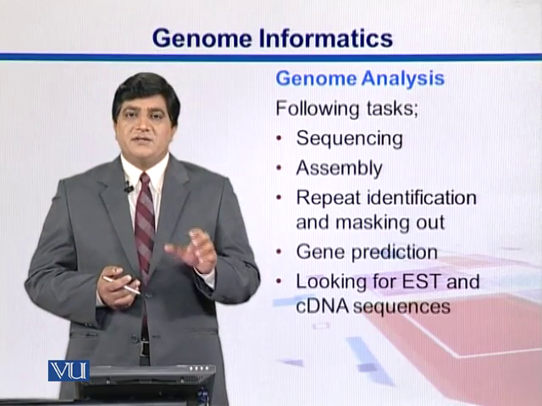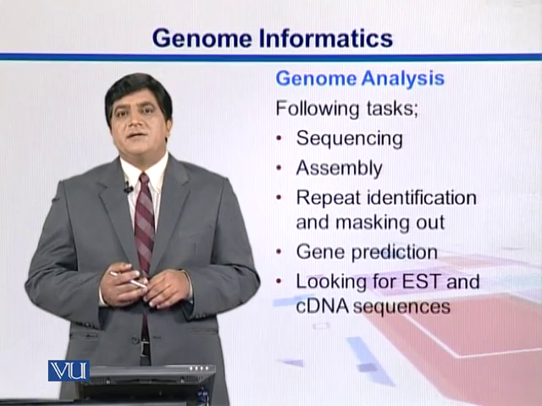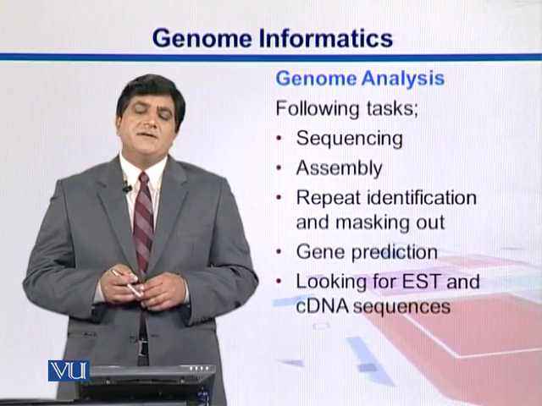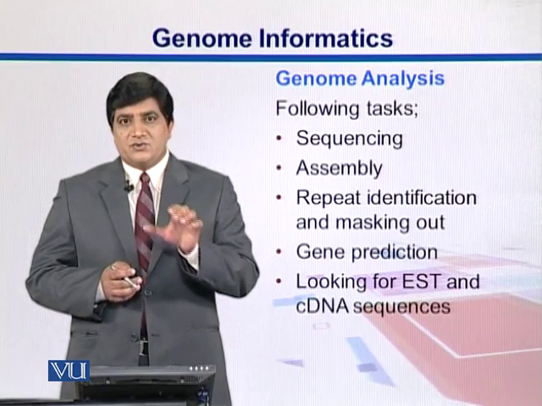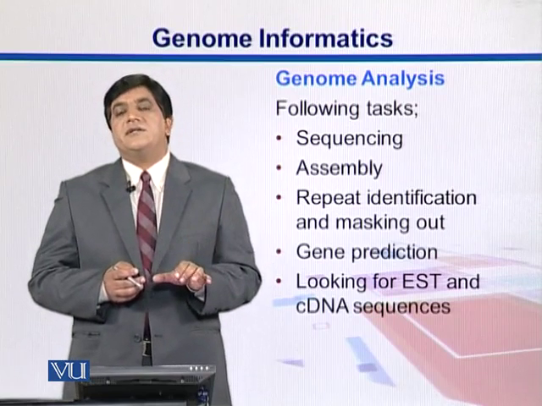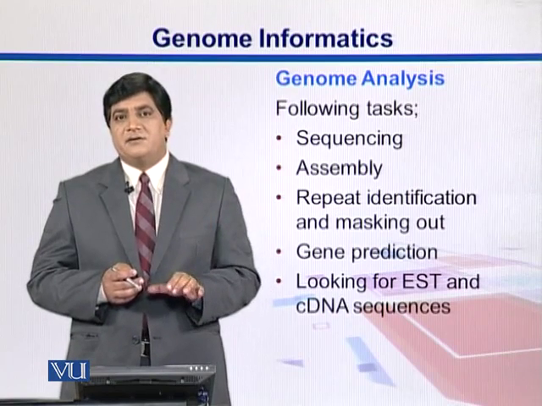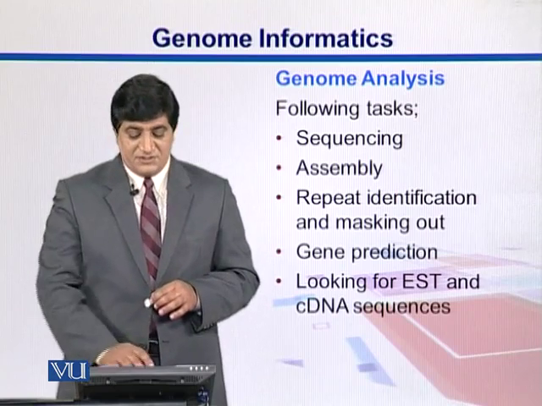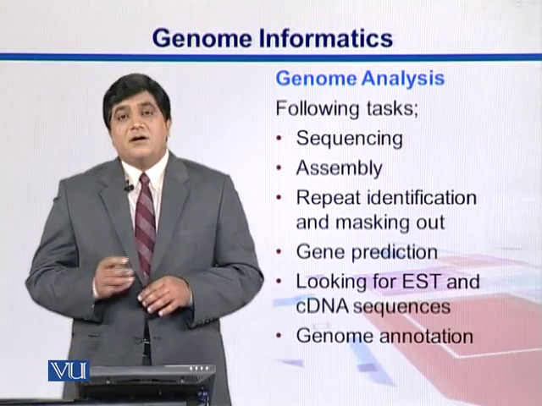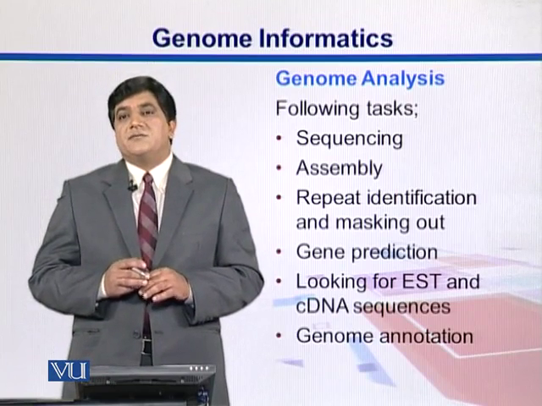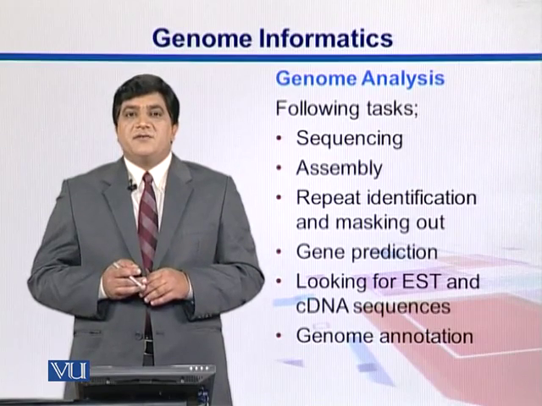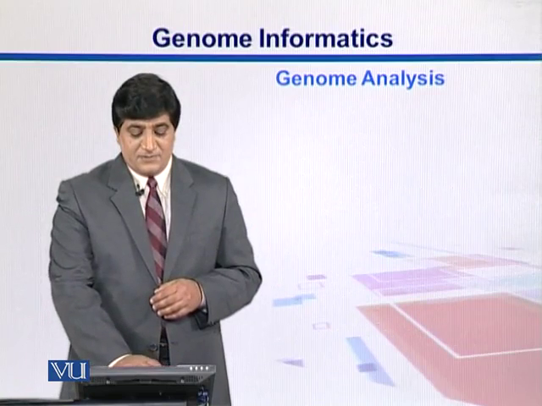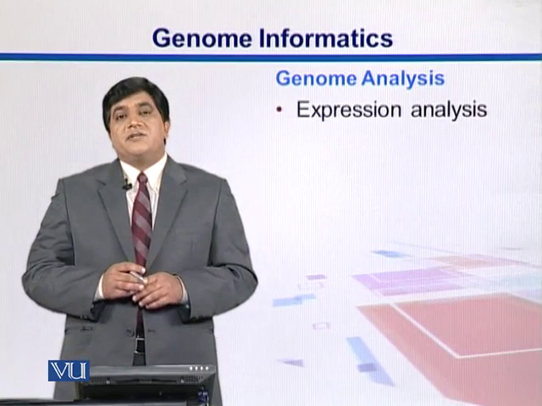If we want to find them within the DNA, obviously they are reverse transcribed into cDNA, and then we can look into where those cDNAs are present in the gene. That will give us the idea of the gene expression, or the region from which the genes are making up those messenger RNAs. We can do genome annotation, in a similar way in which we can find out different functions performed by different genes.